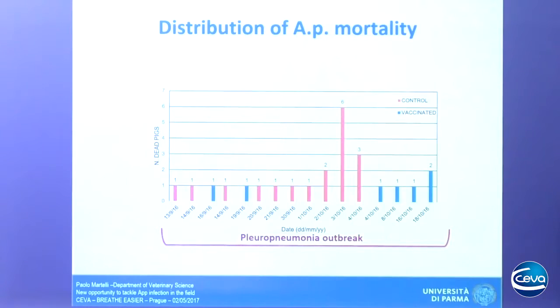This is the duration of the outbreak, the calendar, okay? From the middle of September to the middle of October, and you see here we have the mortality in the two different groups. In the orange one, the control, and the vaccinated, the blue one.